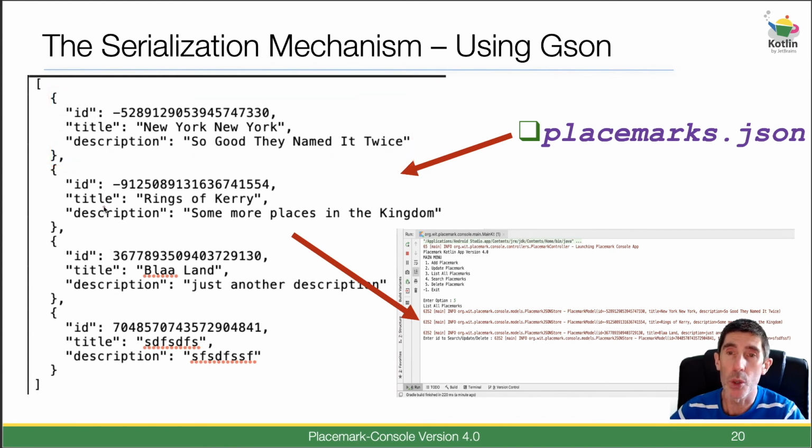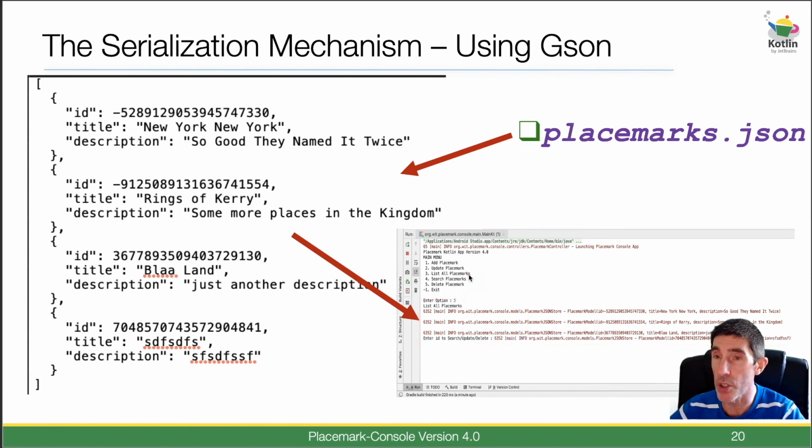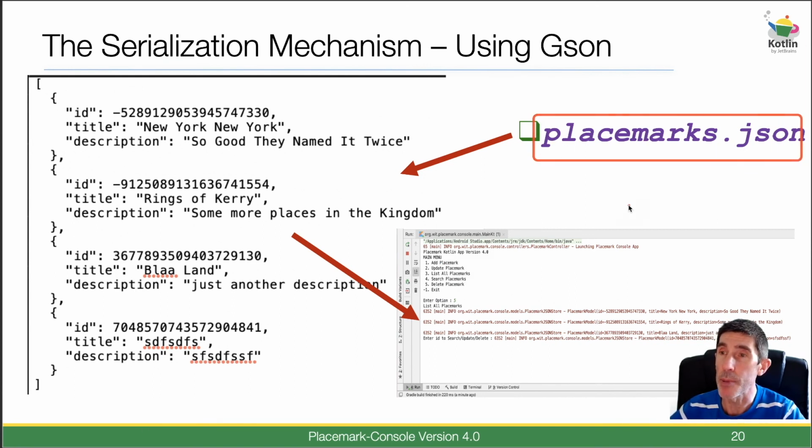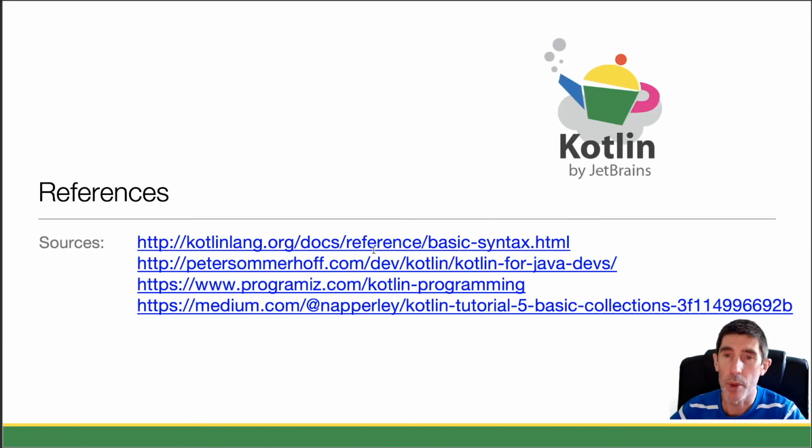And here we have 1, 2, 3, and 4, which is what we get if we look at it here. So that's what gets printed out. If the user did a list to print it out, that's what we get. That's the actual physical file itself, placemarks.json, which you could view externally from the application if you needed to.